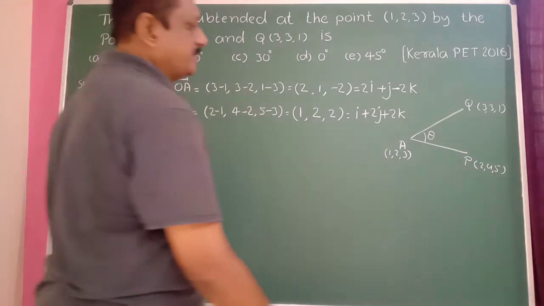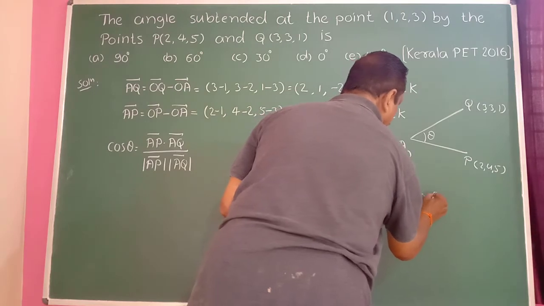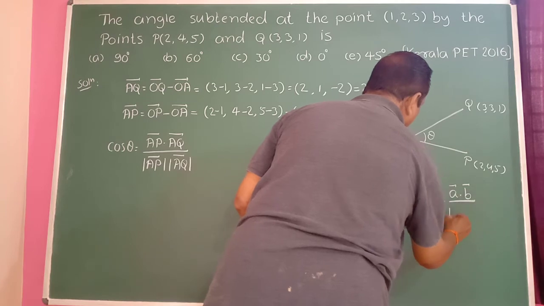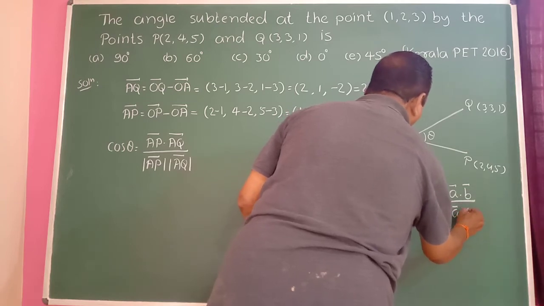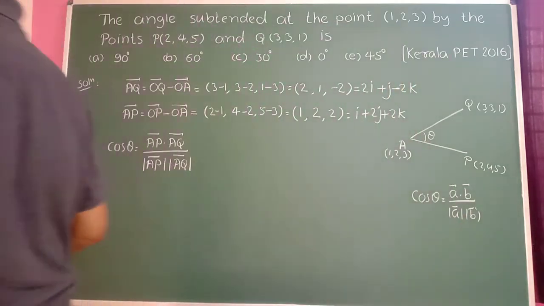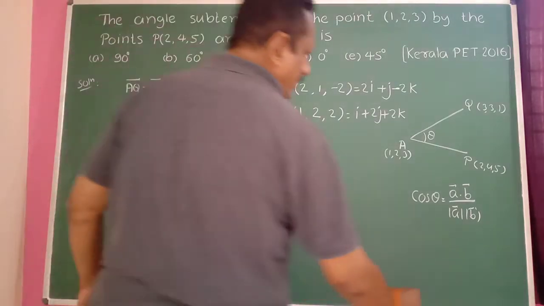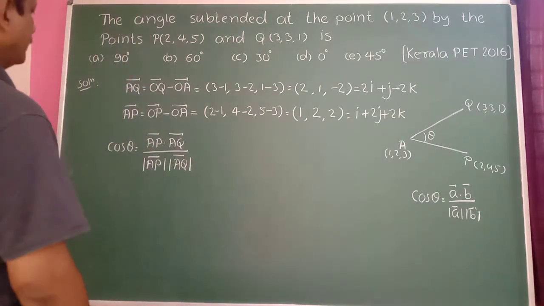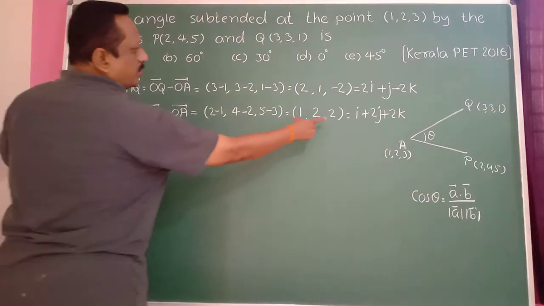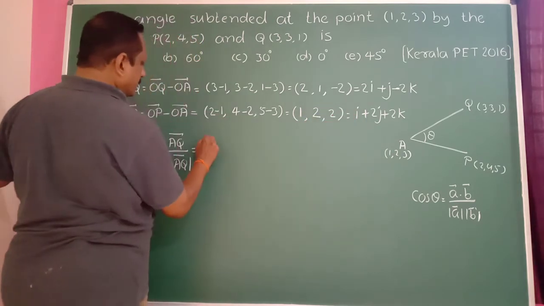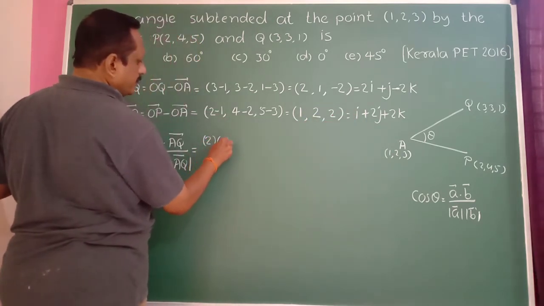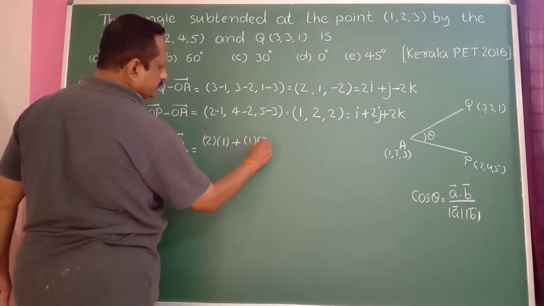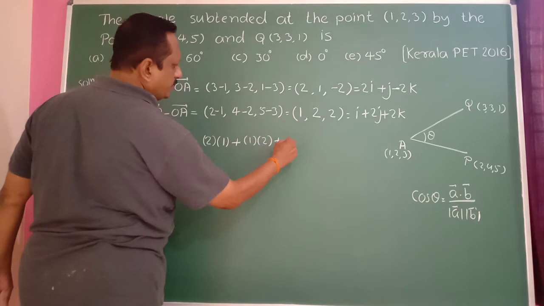You are using this formula: cos theta is equal to a bar dot b bar upon modulus of a bar into modulus of b bar. Therefore, AP dot AQ means it's a dot product: 2 into 1 plus 1 into 2 plus minus 2 into 2.